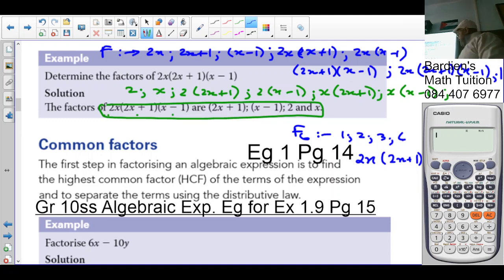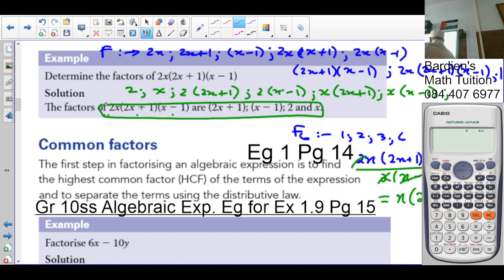Okay, so if I take any of these here, I can divide it by, say, take that one for argument's sake. So it's 2 into x minus 1. So it will be divisible by. So I'll have x into 2x plus 1. Can you see that? It can be divided into, in other words.